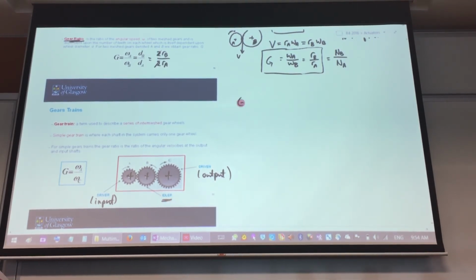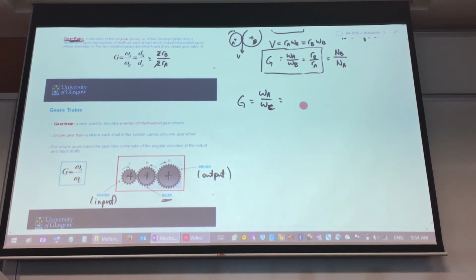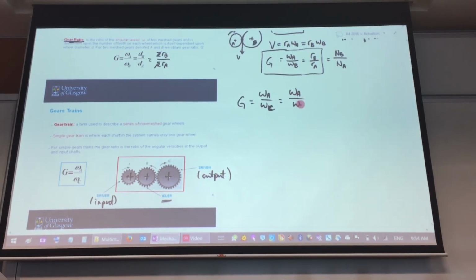So let's formulate the equation. This gear ratio is given as omega A over omega C. And actually, this is the same as taking the gear ratio of omega A over omega B multiplied by omega B over omega C. So omega A over omega B is the gear ratio between this driver gear and the idler gear.